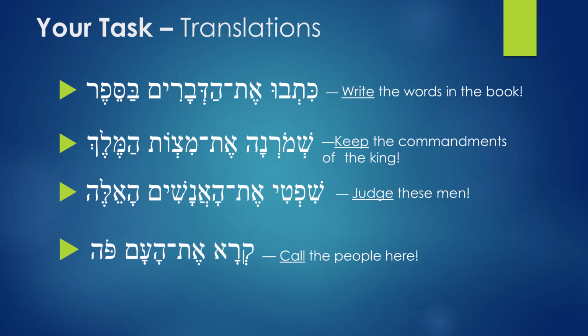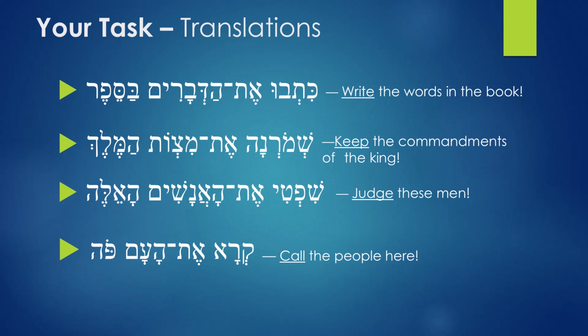And this comes from the word shapat, and that means he judged. Now in the imperative it becomes judge. What should you judge? Et is pointing to the object. Et ha'anashim, judge the anashim. Anashim means men, judge the men. Ha'ele, you have looked at this. Ele is a demonstrative pronoun. Judge the men, the these. In English, that becomes judge these men.